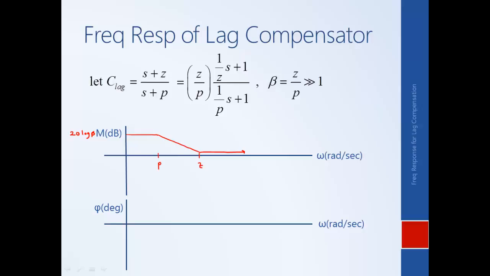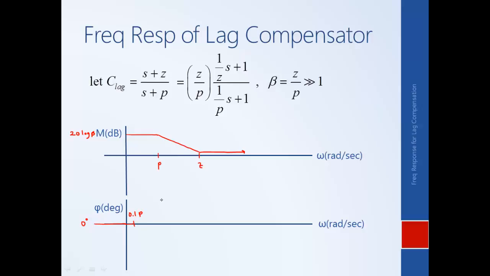Looking at the phase, at low frequencies, a 0 has 0 phase, a pole has 0 phase, and a gain that's positive has 0 phase. So at low frequencies, we'll have a phase of 0 degrees. We'll then hit the pole first, a decade below that break frequency.